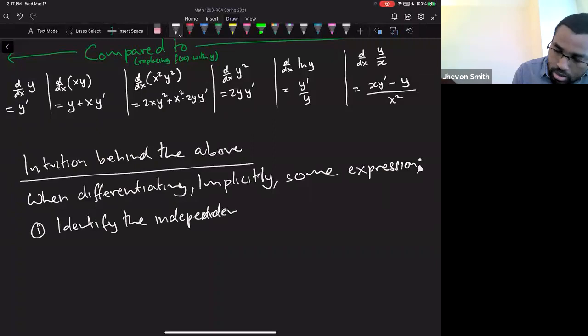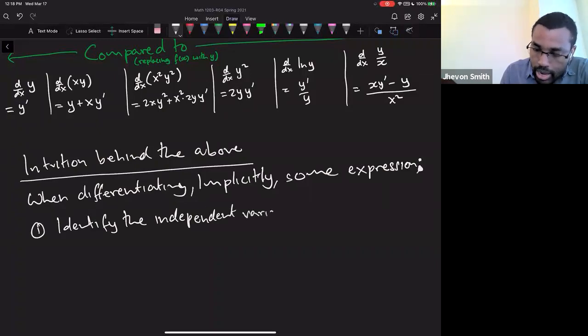This is often going to be obvious. If the x's and y's show up, it's usually going to be the x, and we kind of are used to that, but it does show up that we have other variable expressions from time to time. Identify the independent variable. So in dy dx, we know that the x is the independent variable.